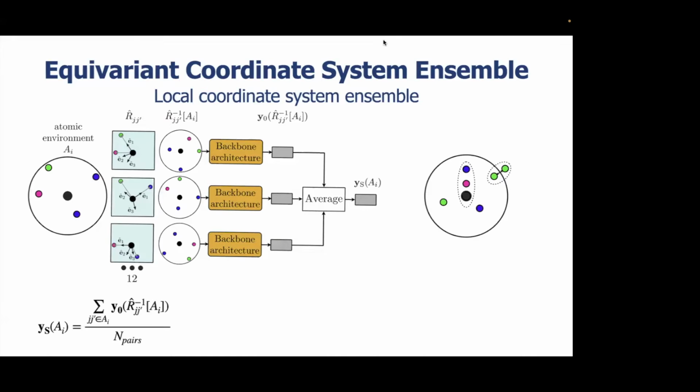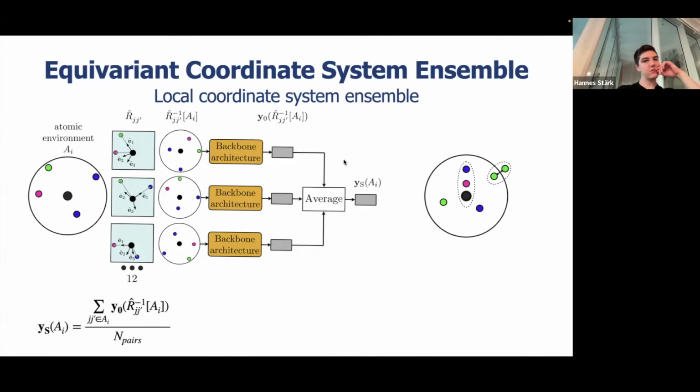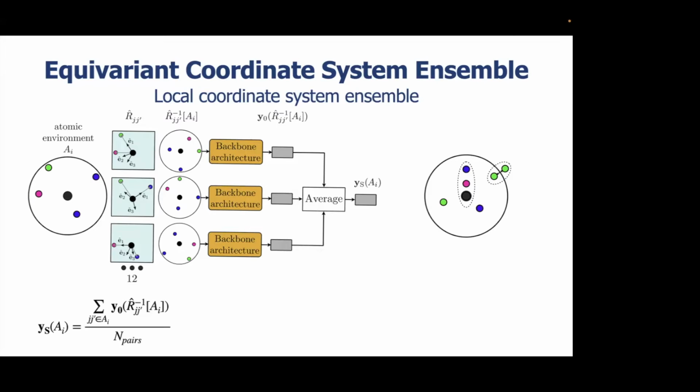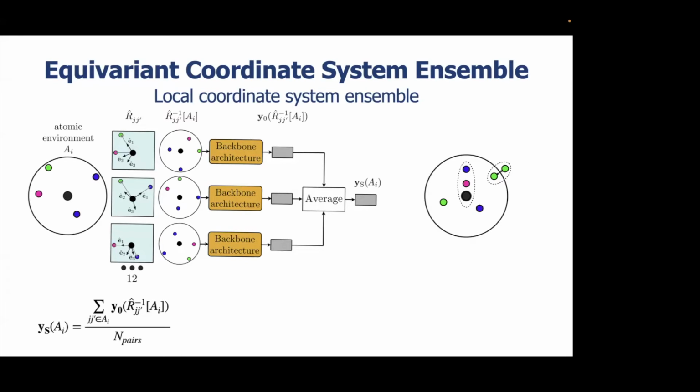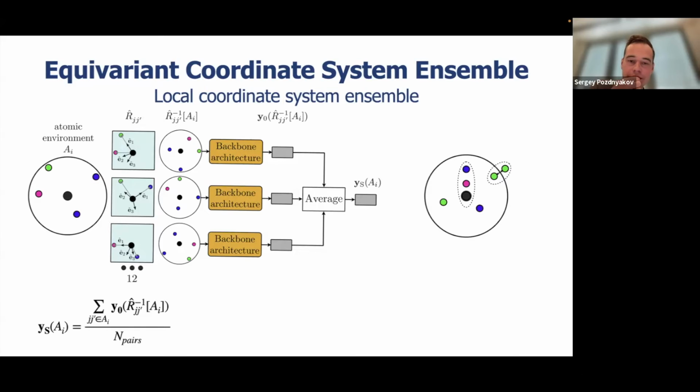I just wanted to elaborate two things. First, the rotation operator: is it an affine rotation or just a rotation? What is an affine rotation? A rotation with a translation? Yes.